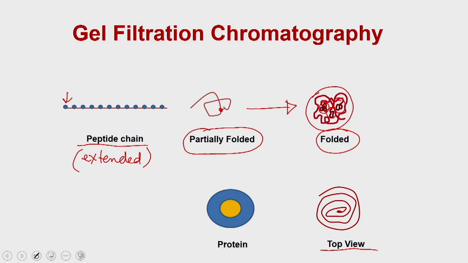So, if you see a protein from the top, you will see that there is a center. Around this center the protein arranges its amino acid residues, and as a result the protein forms a globular structure. How it arranges the amino acids is based on the environment present outside, which means the local environment.